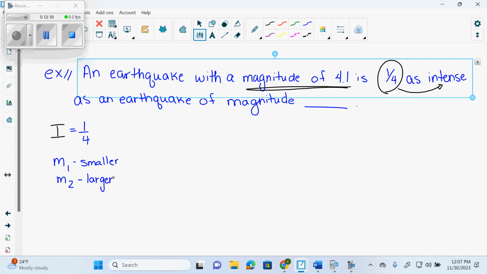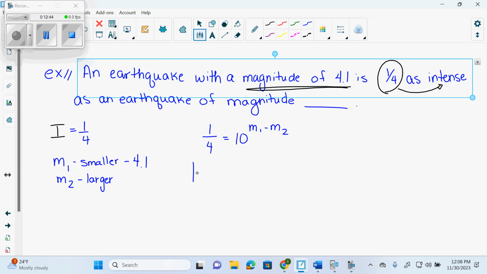An earthquake with a magnitude of 4.1 is a quarter as intense as an earthquake of magnitude what? Did they give me a smaller or bigger earthquake? Smaller. Because 4.1 is a quarter as intense. So they gave me the smaller one, so they gave me M1. So I have a quarter equals 10 to the M1 minus M2.